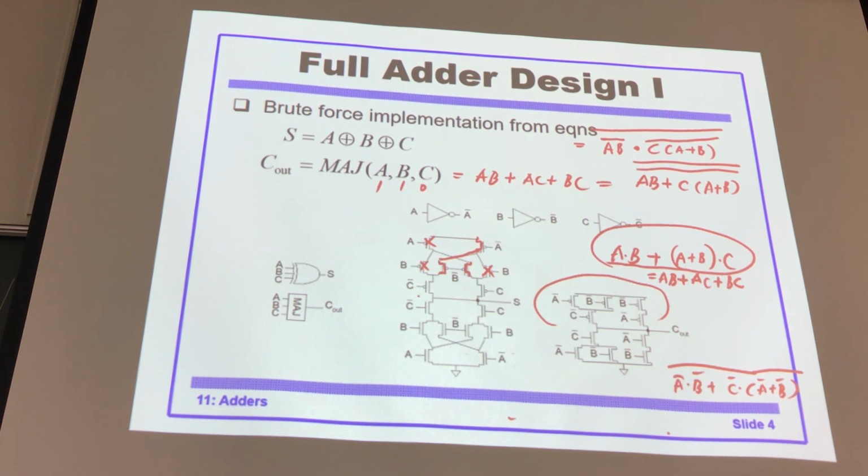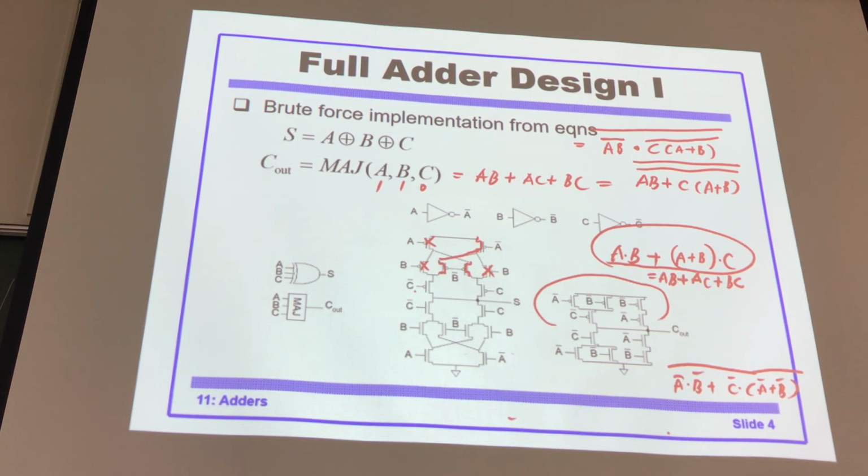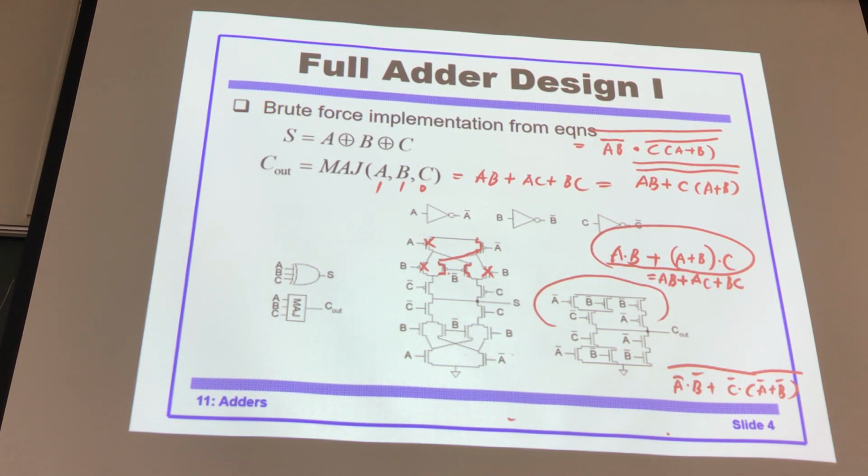And C is 0. Then C is 0. Second, A is 1. So this connects. And B is 1. These 2 connect. And C is 1.